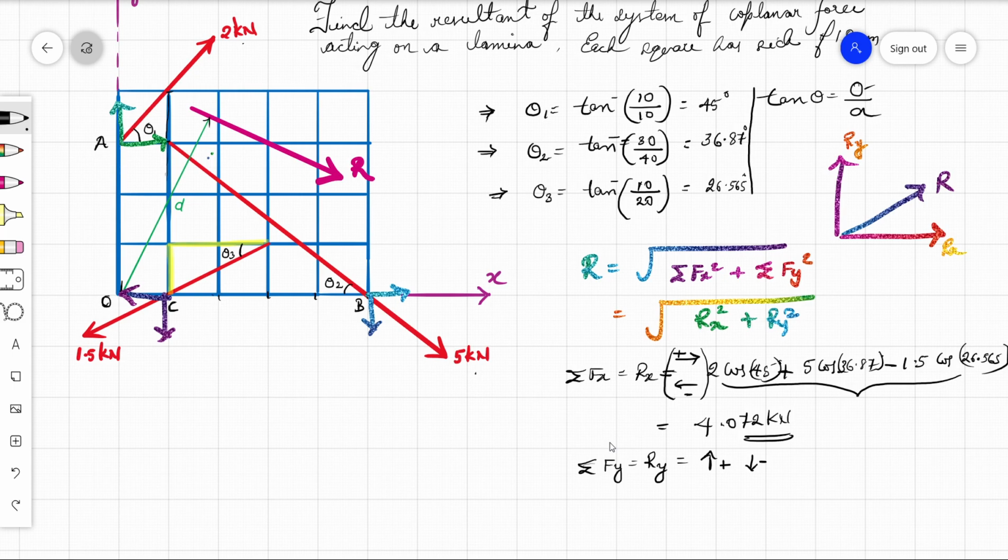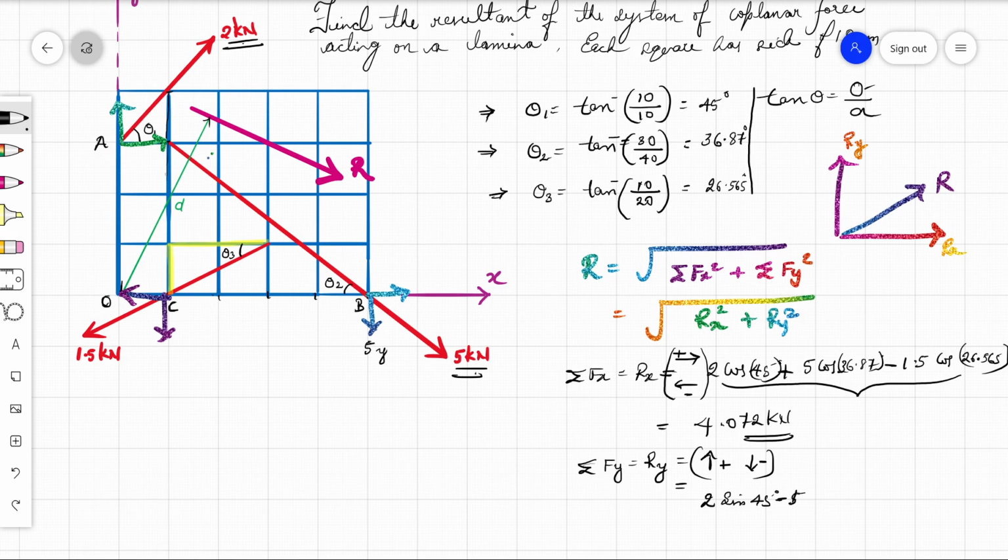Our first force, as we have taken everywhere, is 2 kilonewton. The y component of 2 kilonewton is 2 sine 45 degree. The next force is 5 kilonewton, but its y component is going downward, so we have to take it as a negative value.